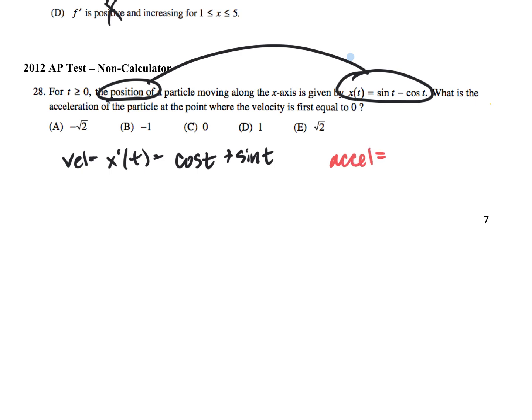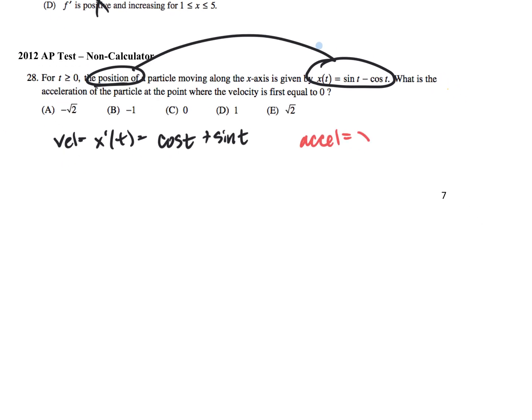What would acceleration be? That would be x double prime. Derivative of cosine? Negative sine of t. The derivative of sine? Cosine. Yeah, the signs could mess us up easily on these positives or negatives.